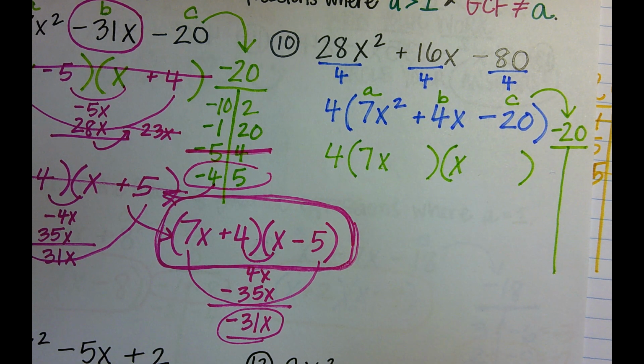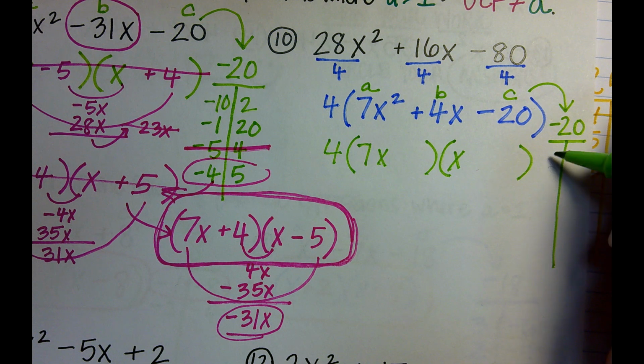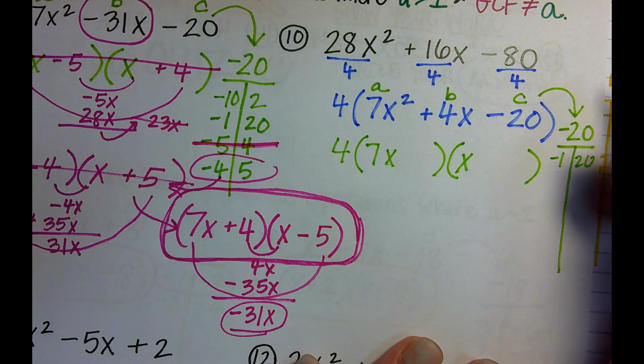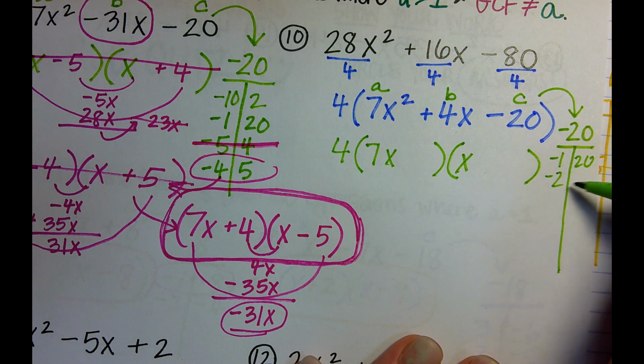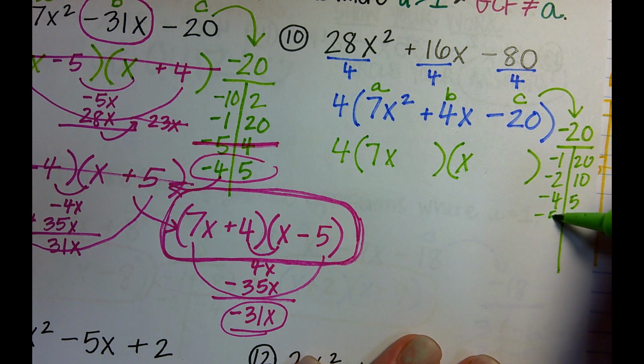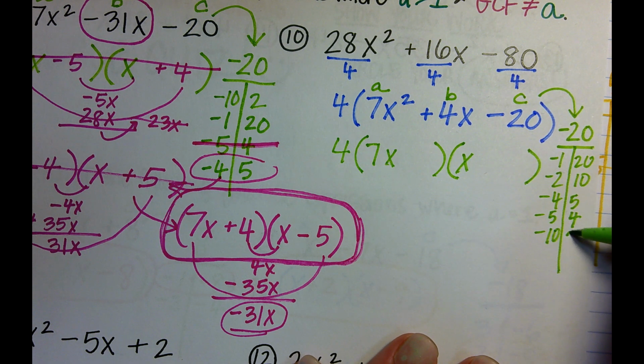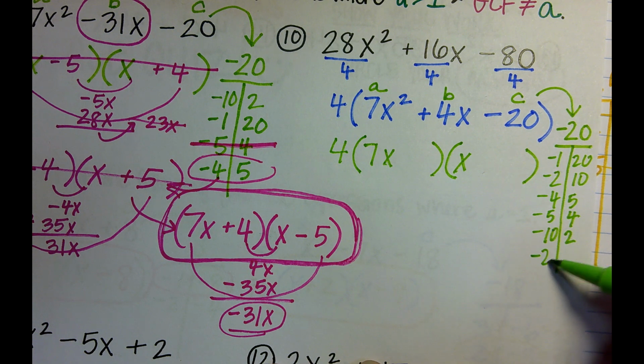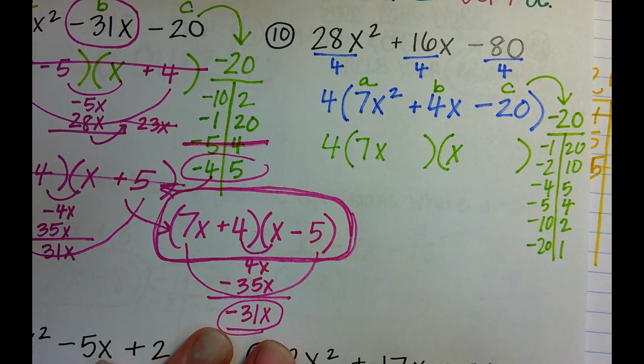So, let's see. I'll rewrite them. We've got negative 1 and 20, negative 2 and 10, negative 4 and 5, negative 5 and 4, negative 10 and 2, negative 20 and 1. There's a lot of options here.